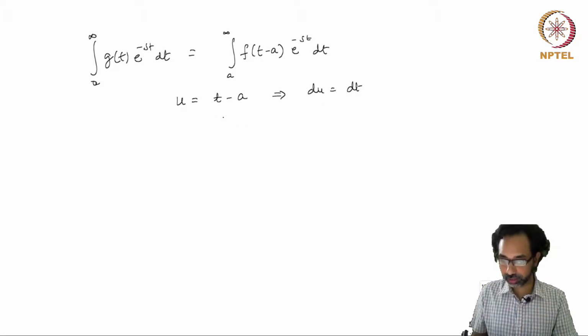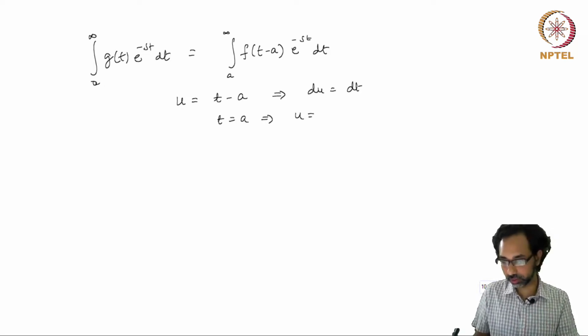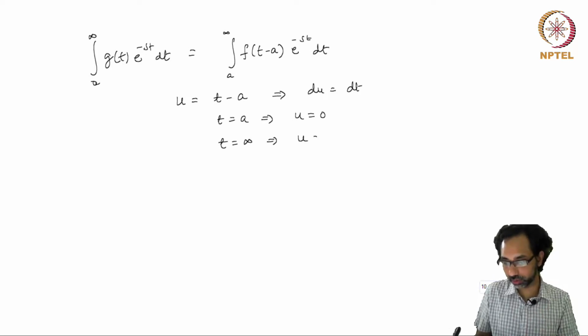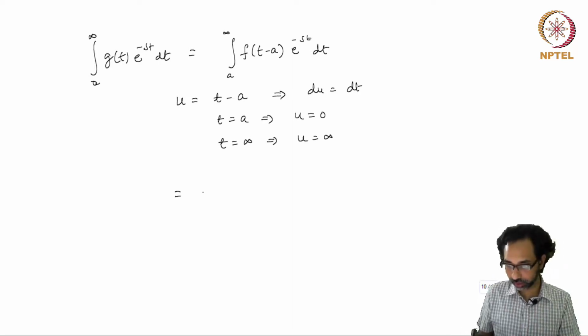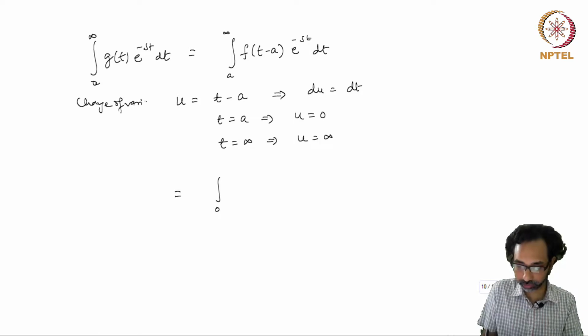Let's see what the limits of integration are: when t equals a, this means that u equals 0, and when t equals infinity, u equals infinity. So we can write this integral after the change of variables.